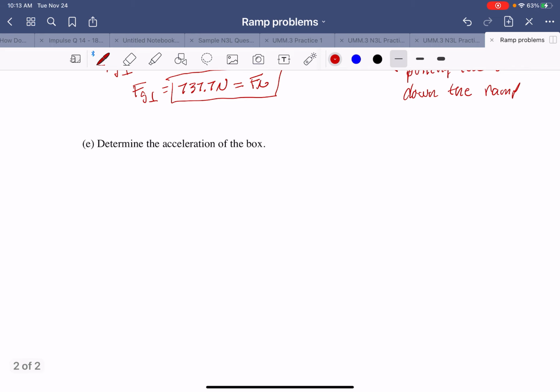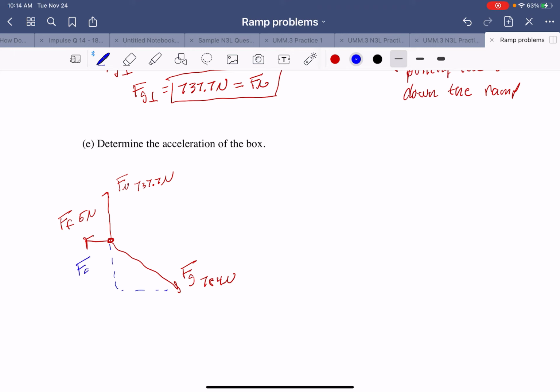Now it says determine the acceleration. Let's go back and look at the free body diagram. I'm going to redraw it for you instead of scrolling back up. Here's my normal force, 737.7 newtons. Here's my friction force that I gave you to be 5 newtons. Here is my gravitational force, 784 newtons. My components, we've calculated those.